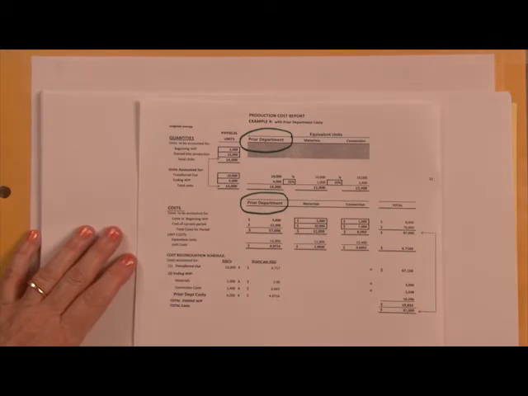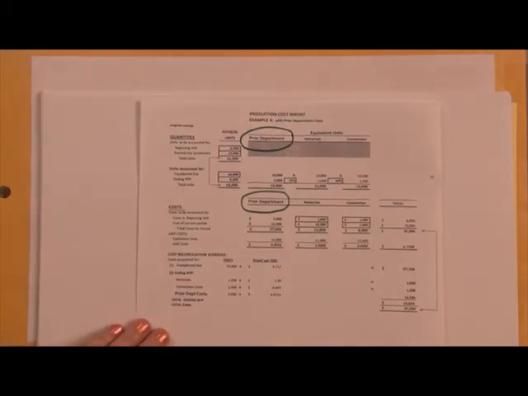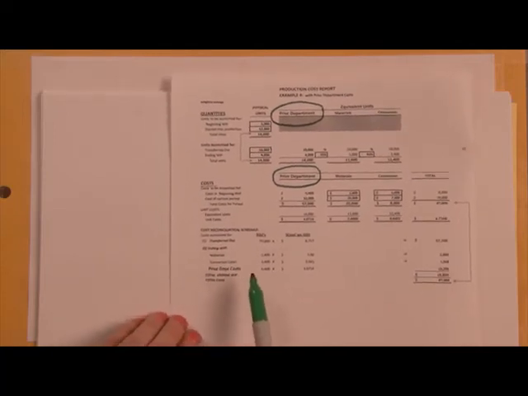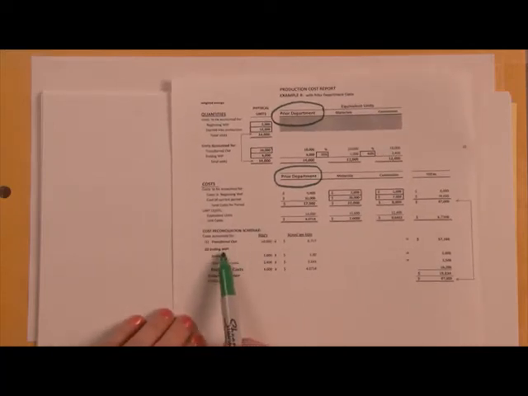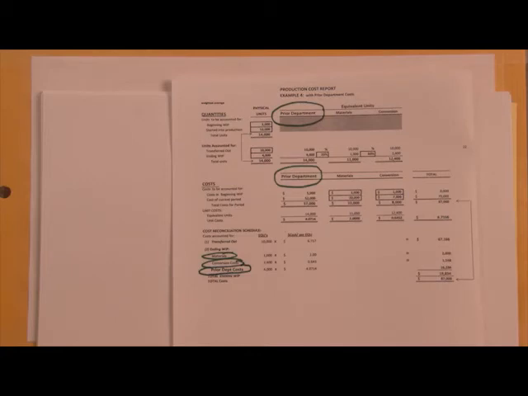Now, when we go to assign the cost, and this is in step 5, if you'll look down in the assignment section, we assign material cost, we assign conversion cost, and we now have a third cost component. We're going to assign prior department cost. So you will handle this new dimension very much like we handle materials.